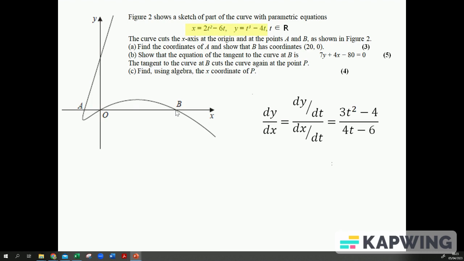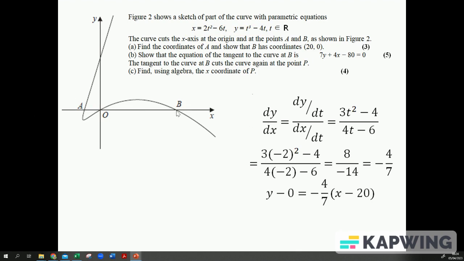And at B, the t value there was minus 2, so we'll put minus 2 in for t, and that will give me the gradient. The top line is 8, and that gives you minus 40 on the bottom. That cancels down to minus 4 over 7. So that's the gradient of the curve.